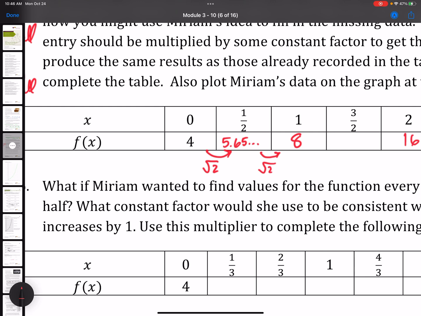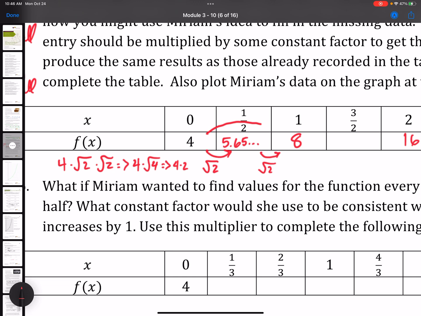Let's look at why, because when you multiply two things, you could say 4 times the square root of 2 times the square root of 2, right? What is the square root of 2 times the square root of 2? It would be the square root of 2 times 2, which is the square root of 4, which is 2. So 4 times the square root of 2 times 2 equals 4 times 2.